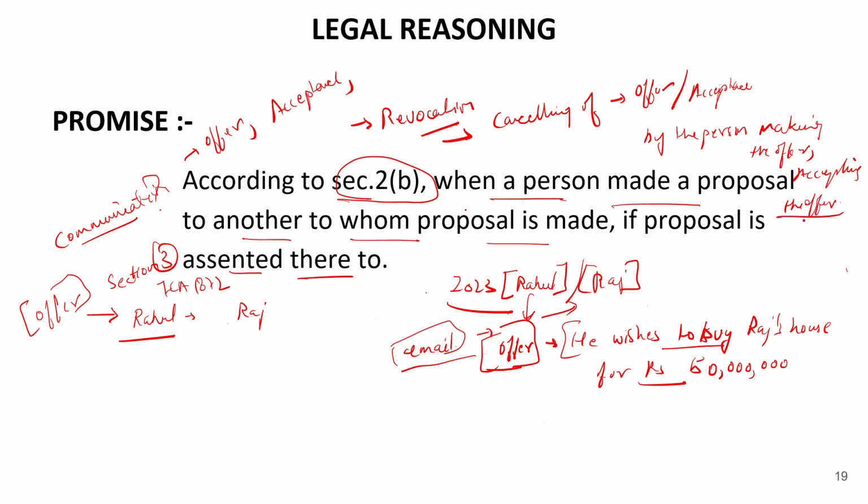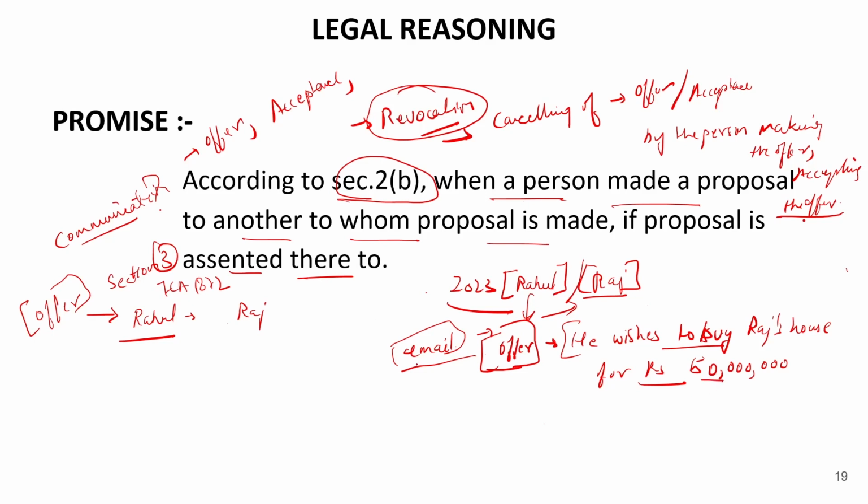So revocation is cancelling the willingness or denying to do the act that was earlier promised. Often it happens that initially people think they are willing to do a particular act in order to get the assent of the other person to whom they are communicating. In this example, Rahul is willing to purchase Raj's house for rupees 50,000.